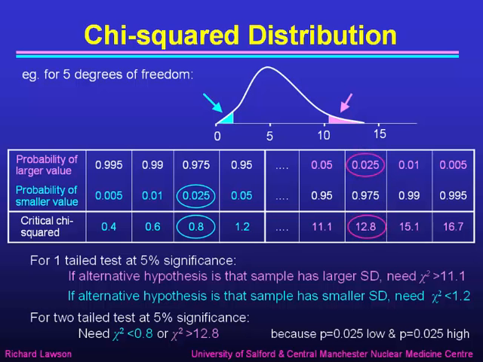And in the left-hand tail, for p equals 0.025, we see that the critical value of chi-squared is 0.8, so we'd need a value of less than 0.8. So for a significant result for a two-tailed test at the 5% level, we need chi-squared less than 0.8 or greater than 12.8 to get into one of those tails.